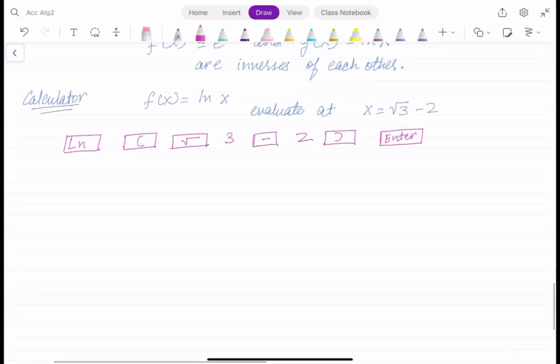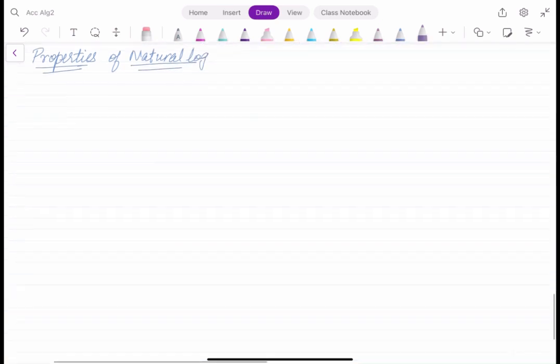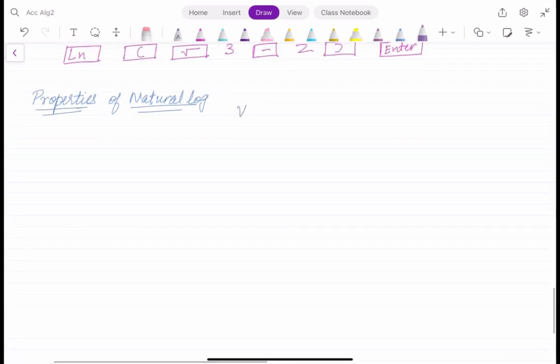It is a good idea to get yourself familiarized with your graphing calculator. So some of the properties that you need to keep in mind are as follows, and you will find a similarity with the other properties as well. So, properties of natural log, number one would be, they are very, very important.